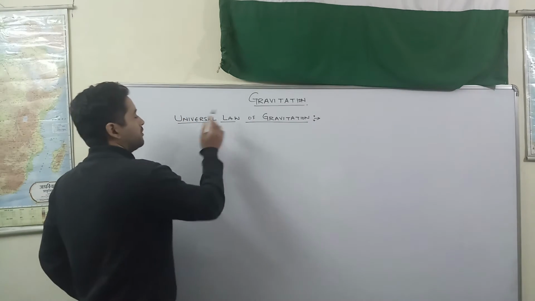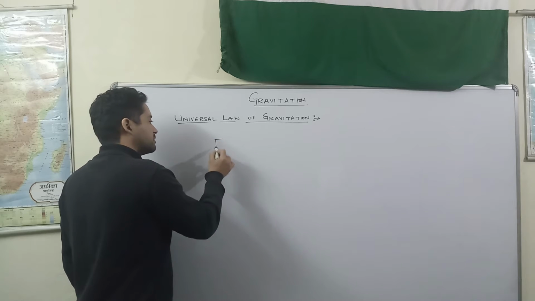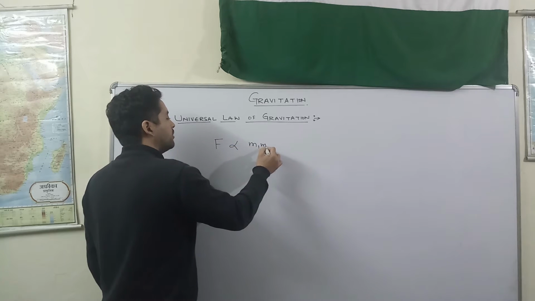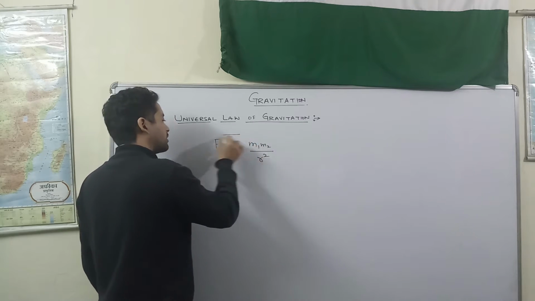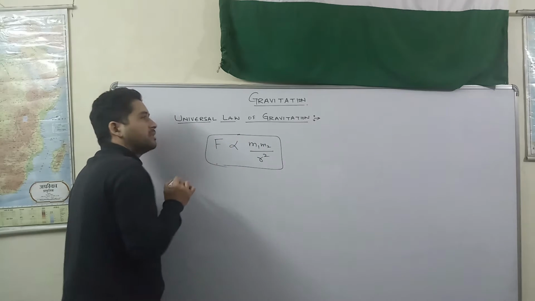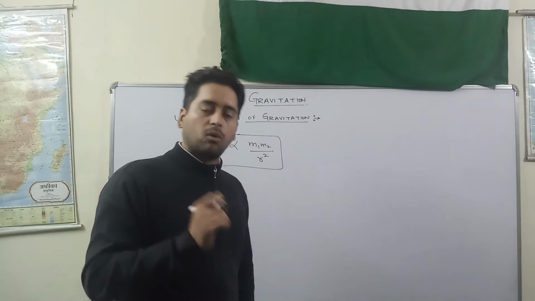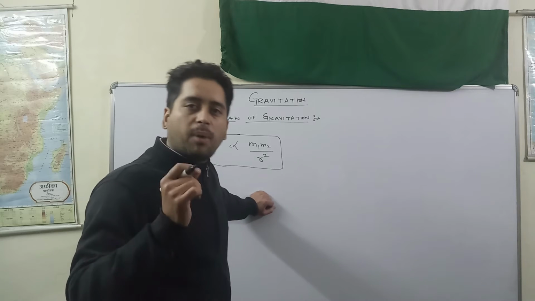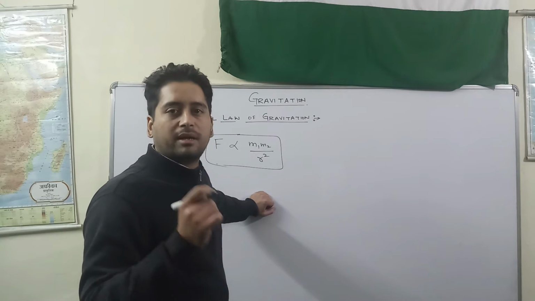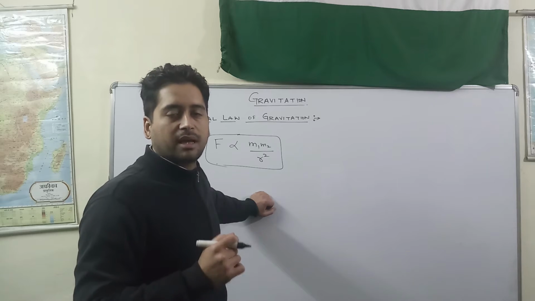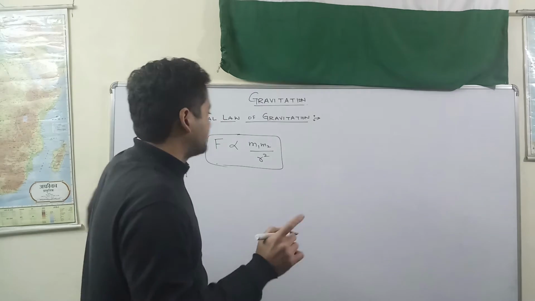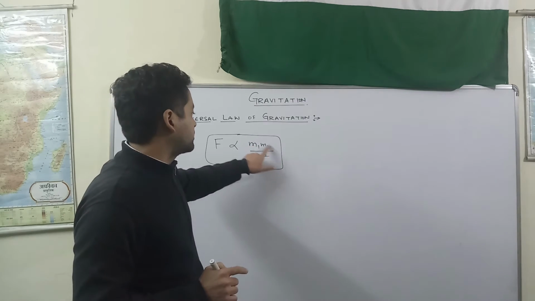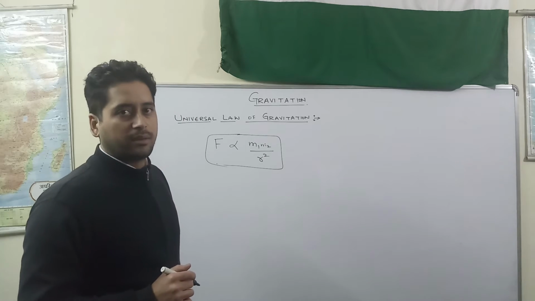So what is the law of gravitation? The law of gravitation says the force is directly proportional to m1, m2 and inversely proportional to r square. What does it mean? Isaac Newton told in the universal law of gravitation that each particle in this universe experiences a force of attraction, and that force of attraction is directly proportional to the product of the masses and inversely proportional to the square of the distance between them.